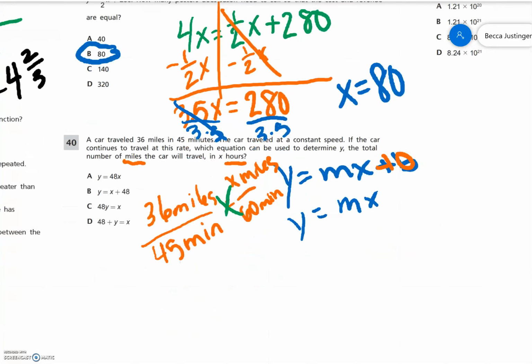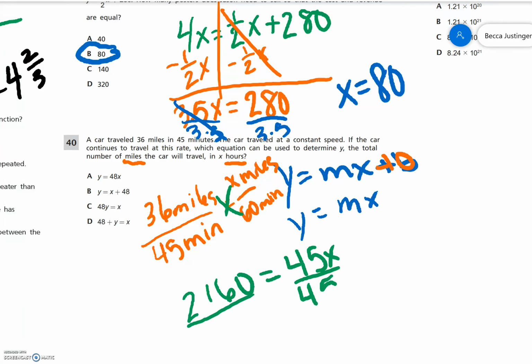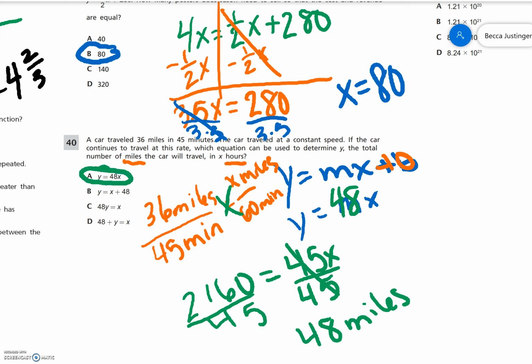And that gives us 2,160. And 45 times x is just 45x. Divide both sides by 45. 45's cancel. And we get 48 miles in 1 hour. So 48 is our m. So our equation is y equals 48x.